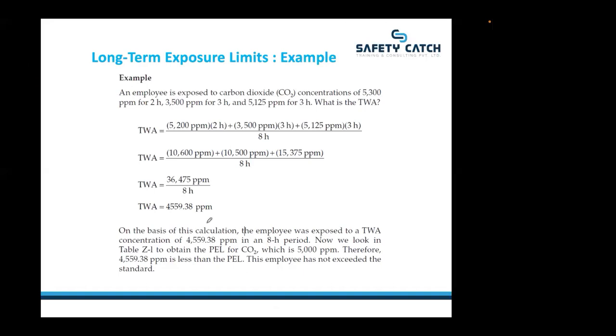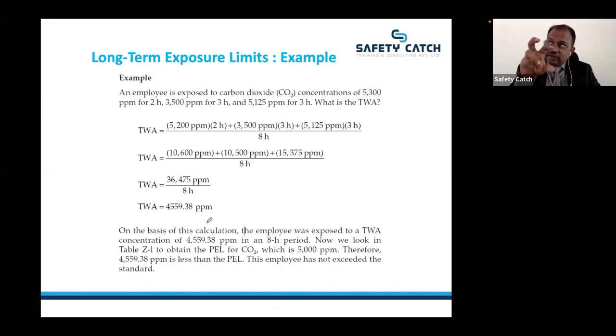Now you understand why the 25 alarm is ringing and why the 100 alarm is ringing. So please understand this is for carbon dioxide, not monoxide. 5200 would be very high for carbon monoxide. This is carbon dioxide.